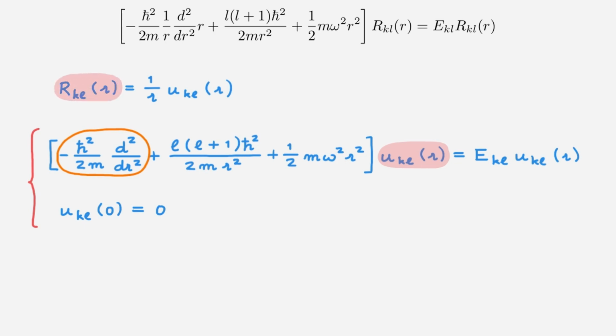We are going to tackle this differential equation postulating a power series solution, a general strategy that is also used to solve other problems such as the hydrogen atom. But before we postulate the power series, we're going to try and simplify the form of the u function further by considering a particular limit.